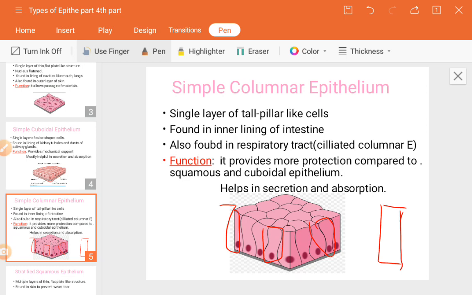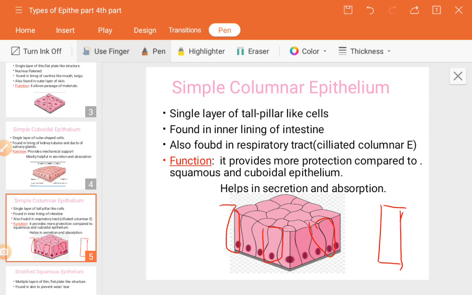Next, it is also found in the respiratory tract. One more point about the simple columnar epithelium tissue: it also has some hair-like structures or projections at the upper side, because they have some functions, okay.